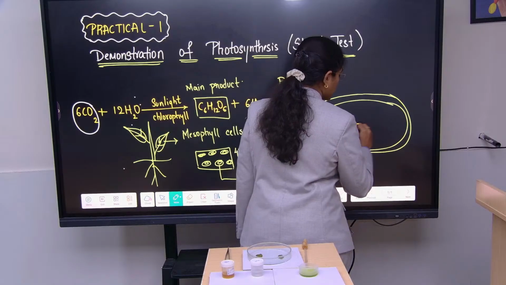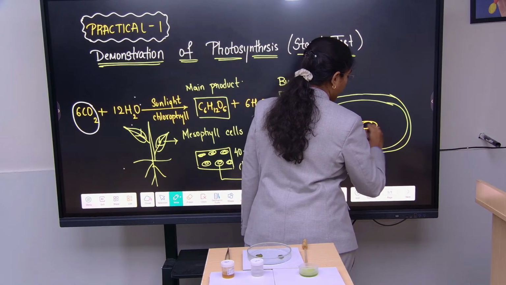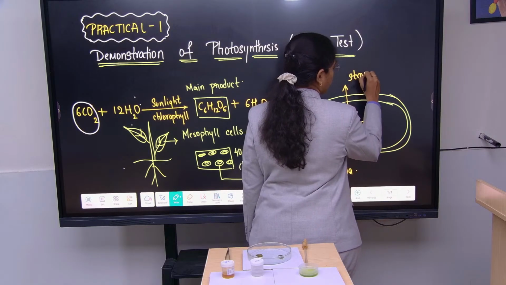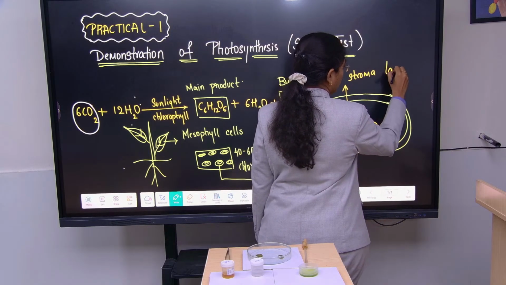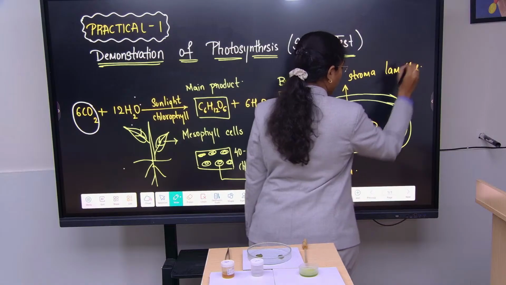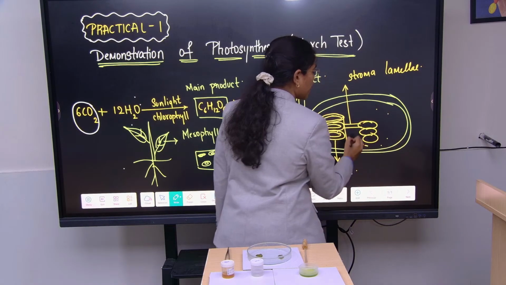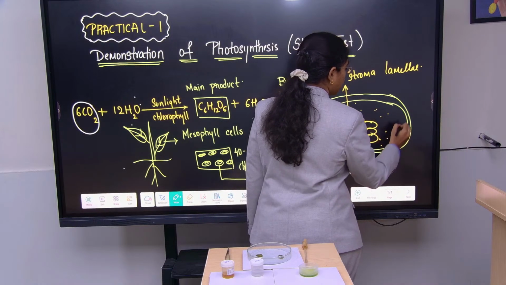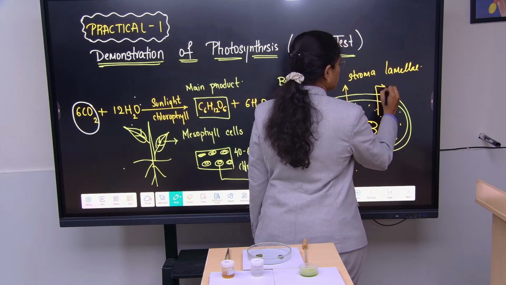One grana is connected to the other grana by stroma lamellae. And the fluid filled space inside the chloroplast is known as what? Stroma.